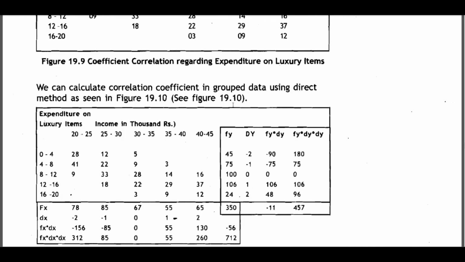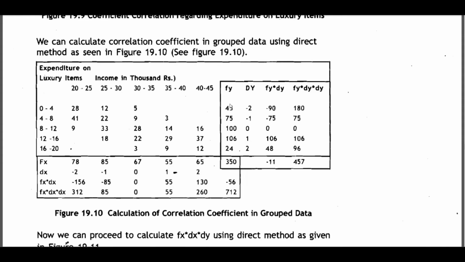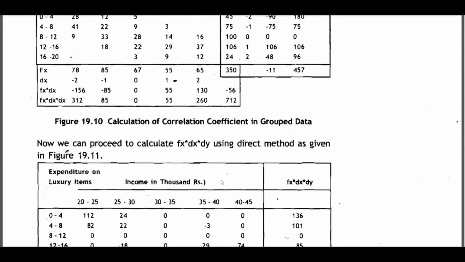So from this we can calculate the coefficient of correlation in grouped data using the direct method as seen in figure 19.10. So here you can see the expenditure on items and their distributions, and we can also see the various values calculated in this table.